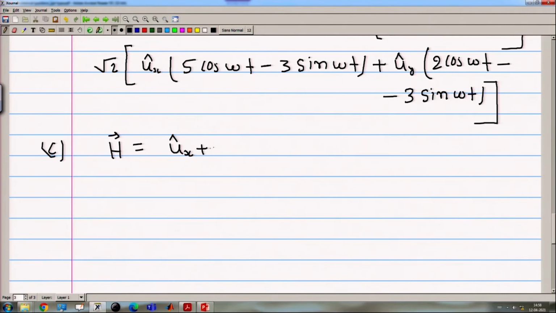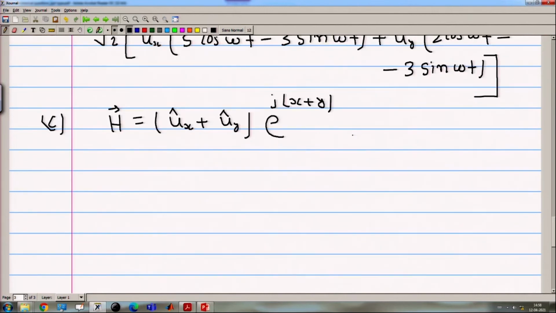So, for the instantaneous quantity for this term, in the same way we can find out equal to root 2 real part of H e to the power j omega t.